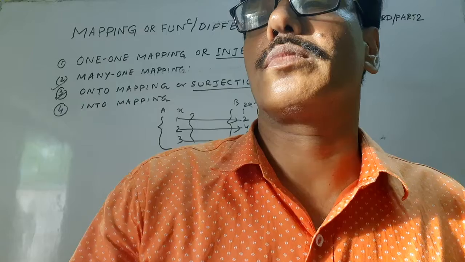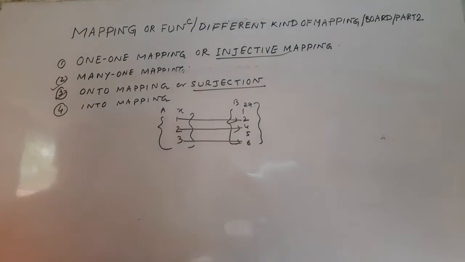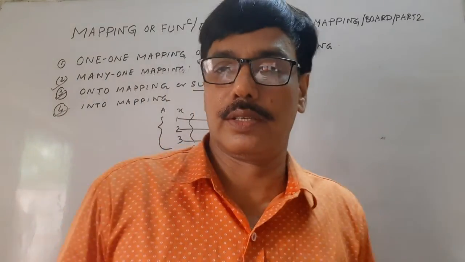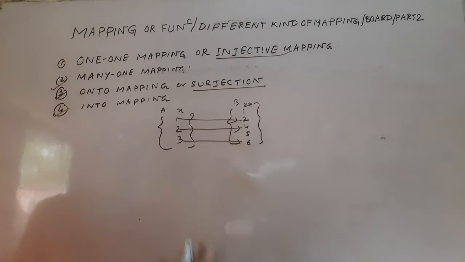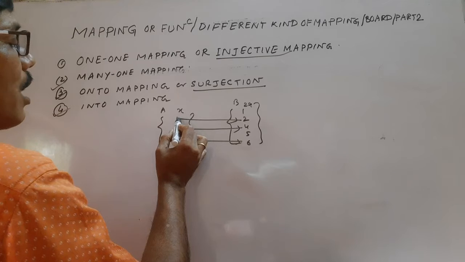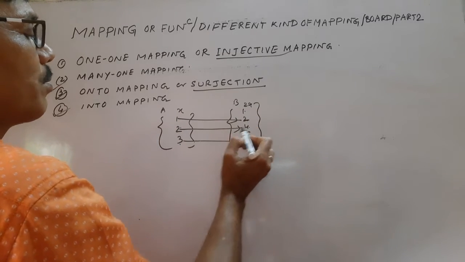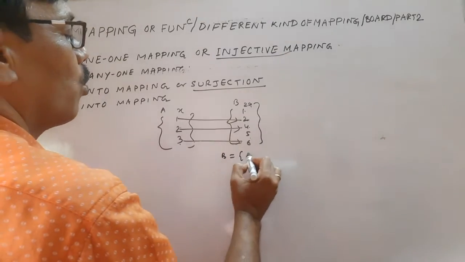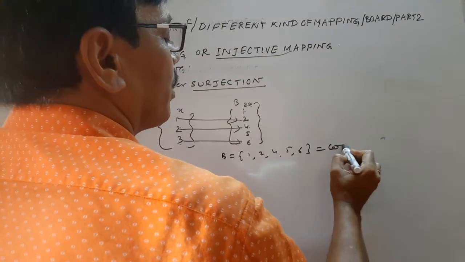Now into mapping. So basic examples. Suppose A is a set having elements 1, 2, 3. B is a set 1, 2, 4, 5, 6. This is codomain.